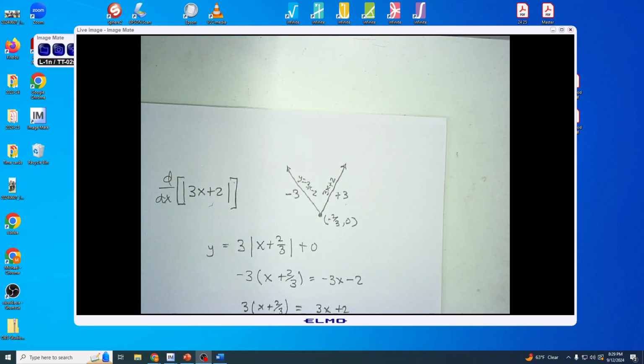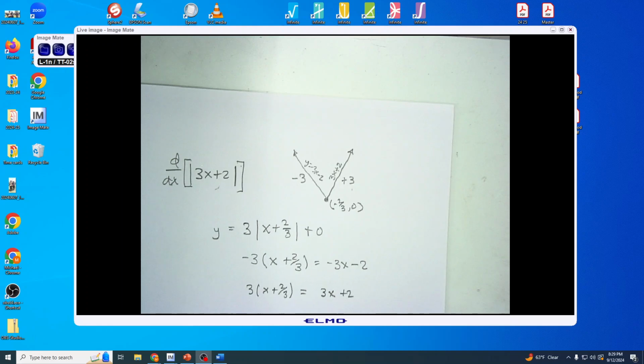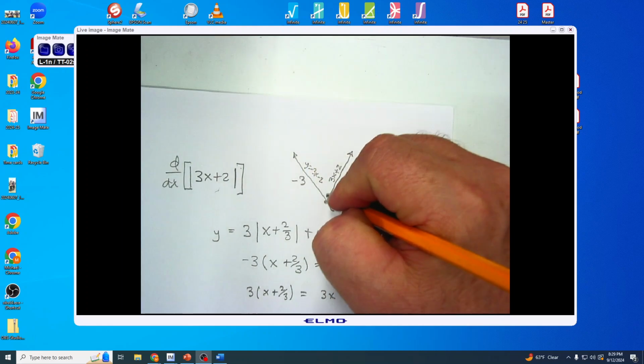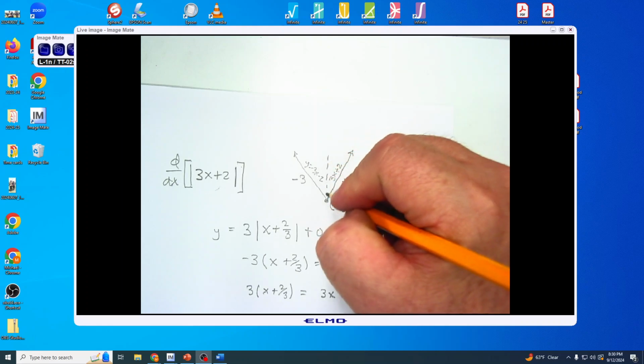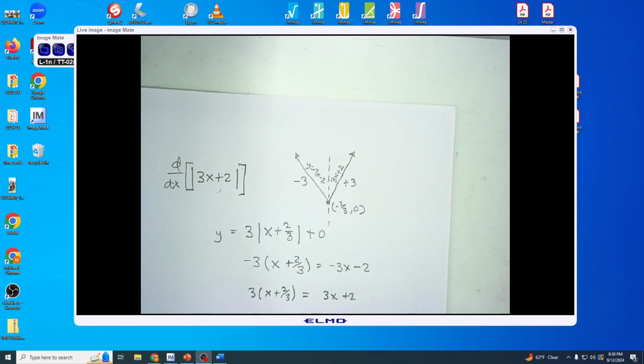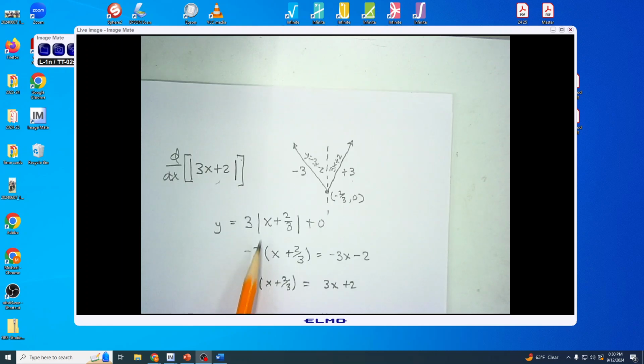Okay? So just be aware that we worked with our absolute values last year, and last year we saw that absolute values have two equations, one on the left, one on the right of the axis of symmetry, and as a result we can find the two and then look at the slopes, or we can just follow our rule and find our slopes this way.